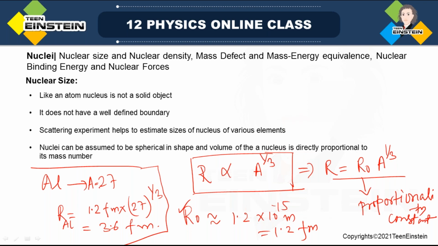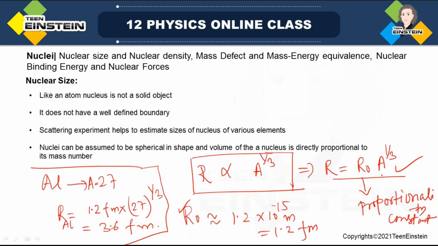Like that you can find it out for various elements. Sometimes you might be asked to compare the radius of the nucleus for various elements with this formula. So this is the nuclear radius.